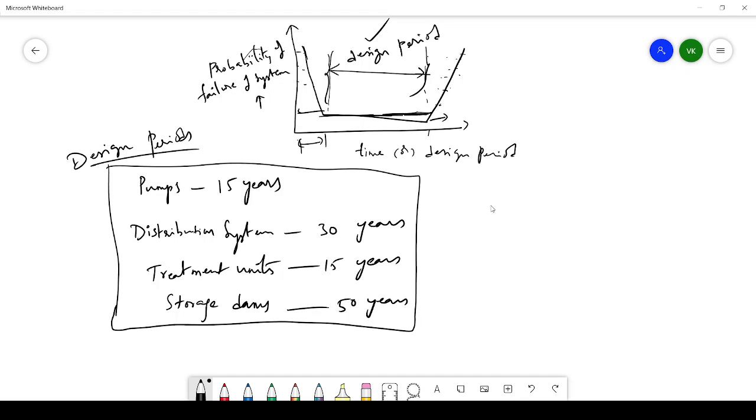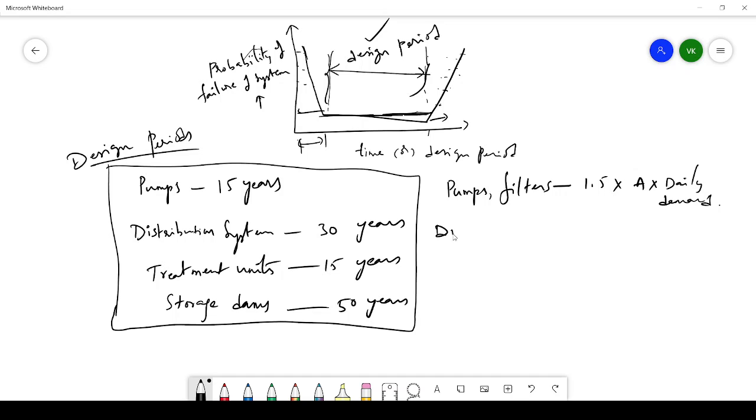Similarly, whenever you want to design pumps or filters, you have to design for 1.5 times the average daily demand. You should be able to pump 1.5 times the average daily demand of water.